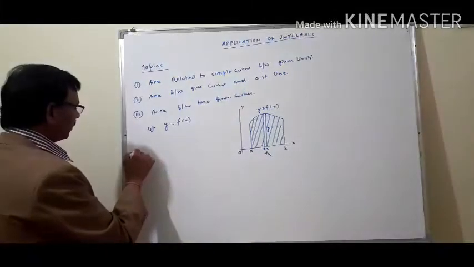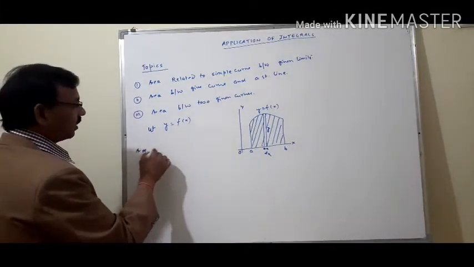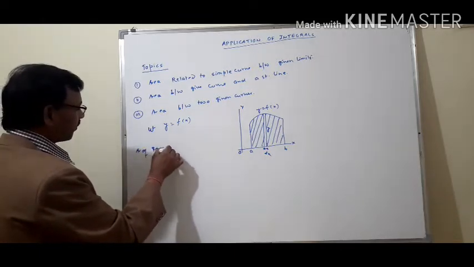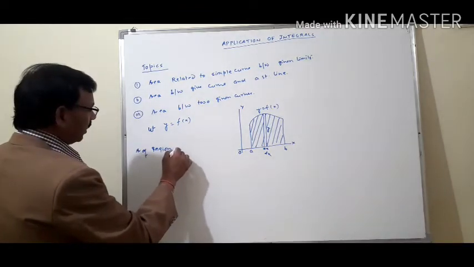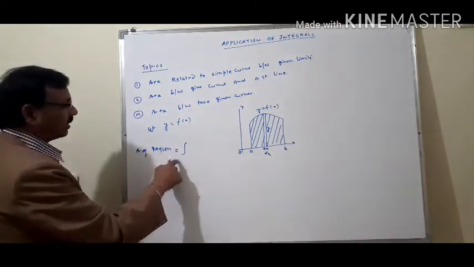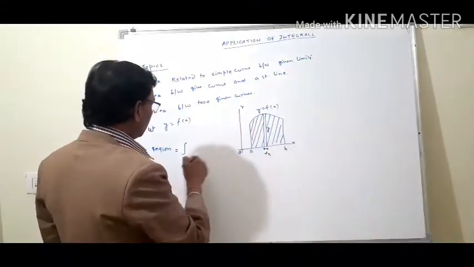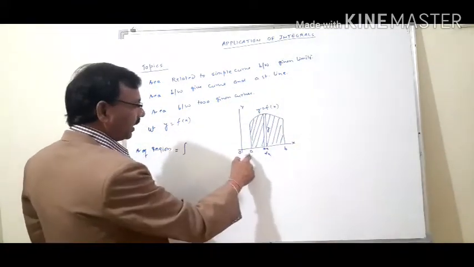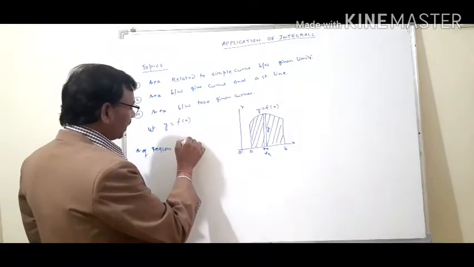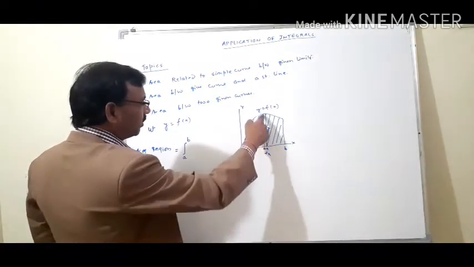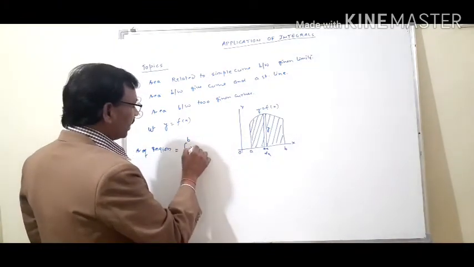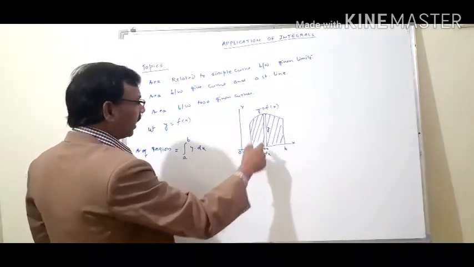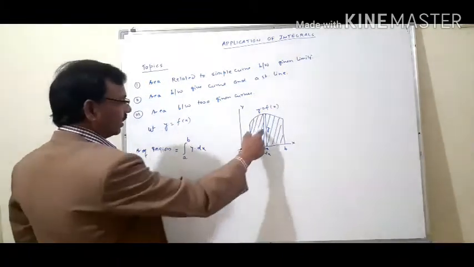So the area of the region equals the integration, that means if you find the area of one strip and integrate it, that means adding the areas of all the strips from A to B, this will be the limit A to B, and the area of one strip, that means length into width, where y is the length of the given strip and dx is the width of the same strip.